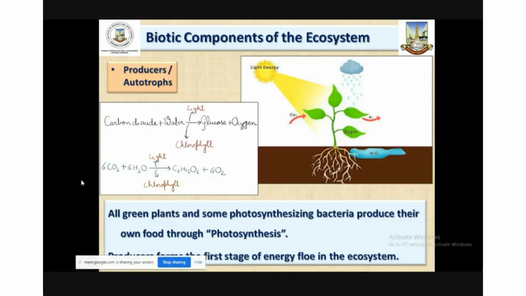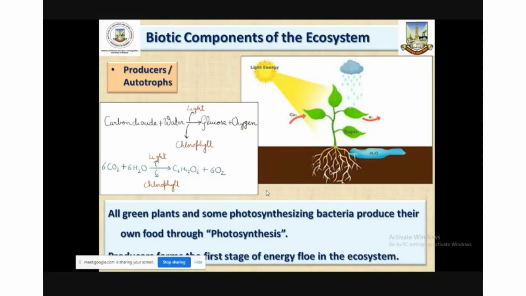So 6 CO2 plus 6 H2O, along with the chlorophyll and sunlight, gives rise to the formation of glucose, that is C6H12O6, plus oxygen that is released back to the atmosphere, and also water vapor that is released back to the atmosphere. So producers or autotrophs are all green plants and photosynthesizing bacteria which produce their own food.